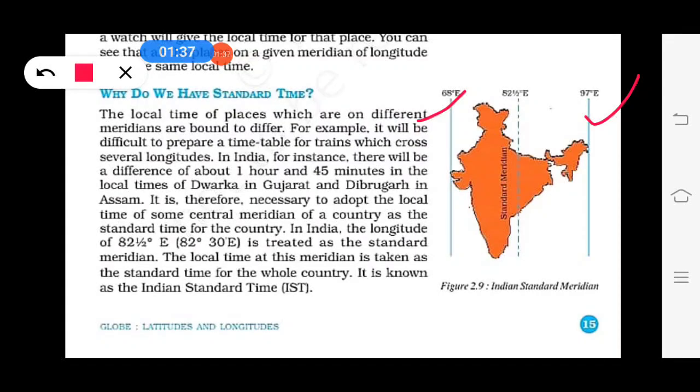In India, the longitude of 81.5 degrees east is treated as the standard meridian, and the time of this meridian is the standard time for the whole country, for the whole of India. It is known as the Indian Standard Time, IST.